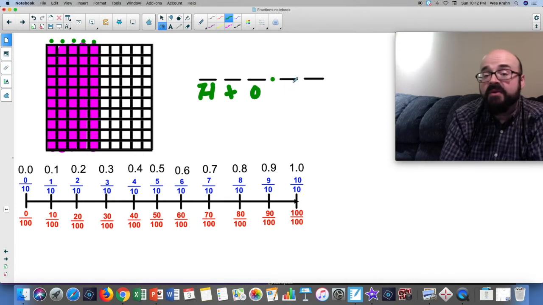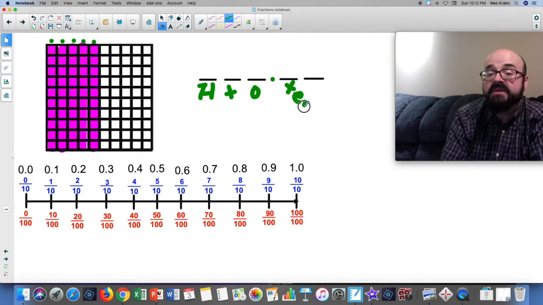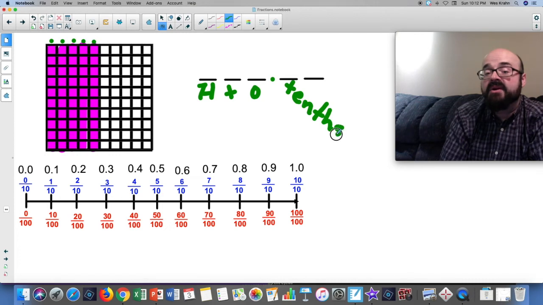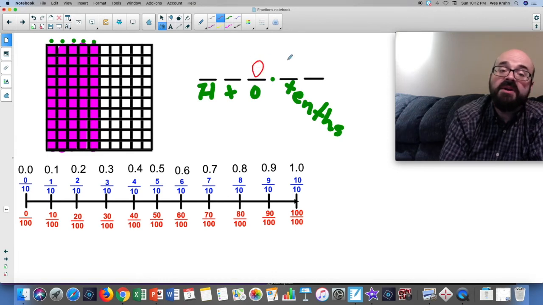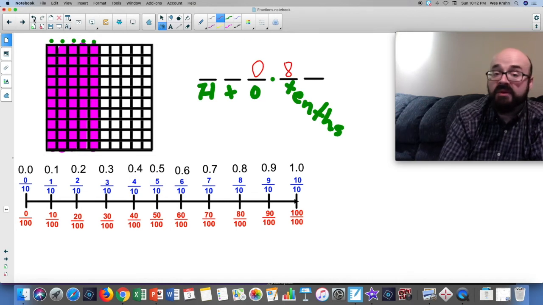And over here, we're going to have our tenths place value. And I'll write out tenths because this is new vocabulary for us. And tenths are smaller than the ones, but they're greater than 0. This is where we would put the tenths. So if I had 0 and 8 tenths, I might put a 0 here and 8 tenths, and that's what that would look like.